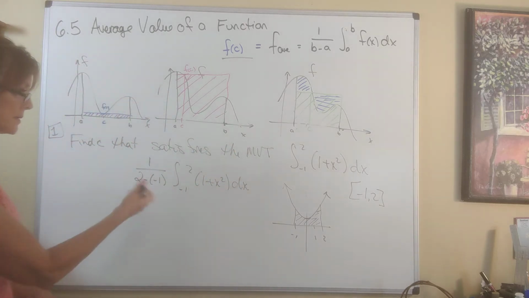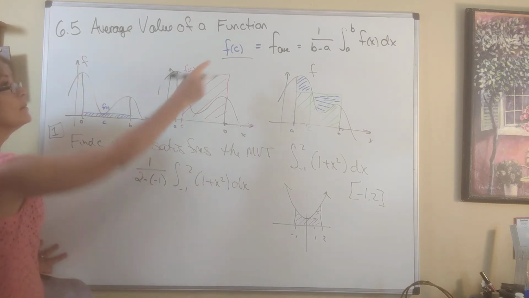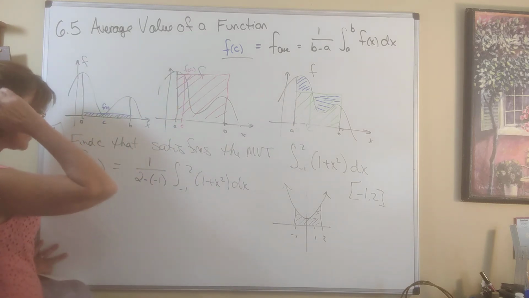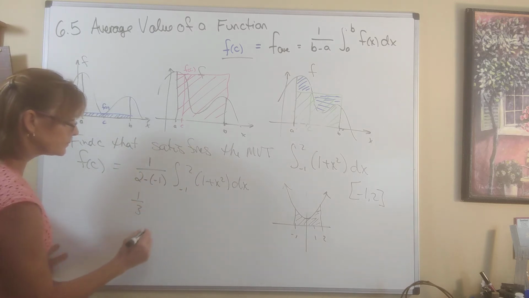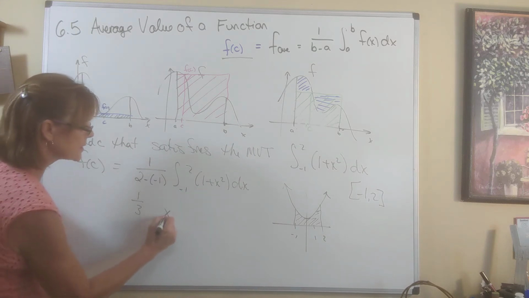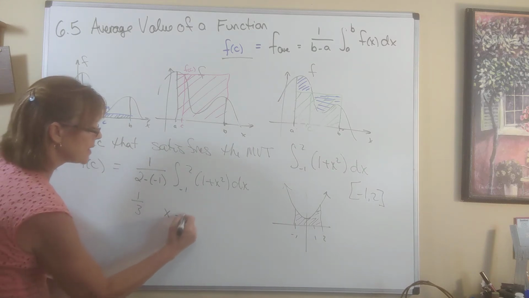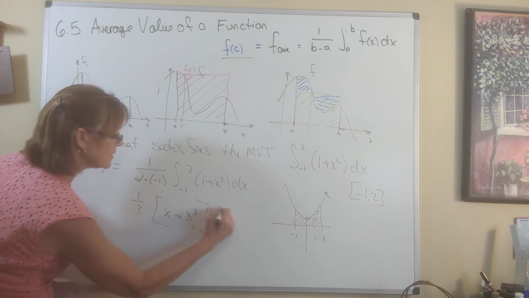Let's calculate this, because this is what f of C is equal to by the mean value theorem. This is 1 over 2 plus 1, which is 1/3. And if we go ahead and integrate, the integral of 1 is x, and the integral of x squared is x cubed over 3, evaluated from negative 1 to 2.